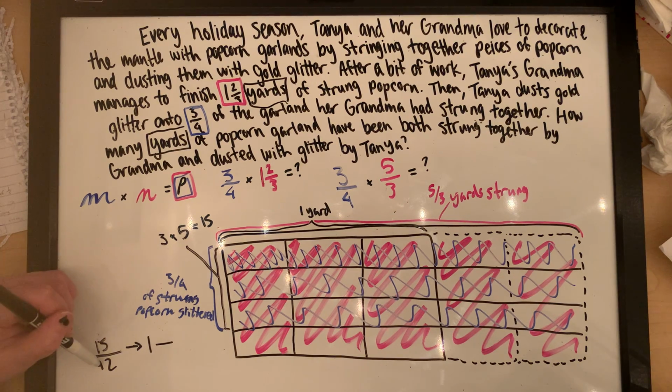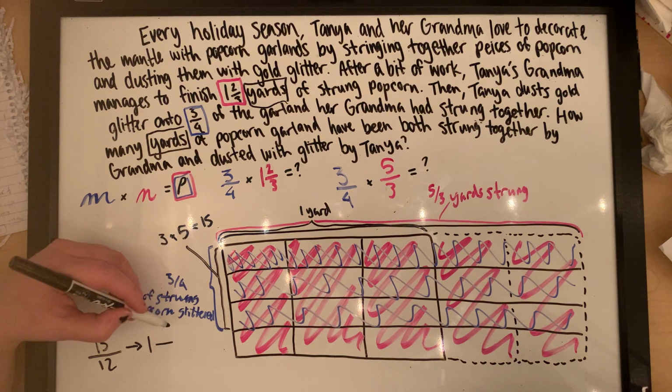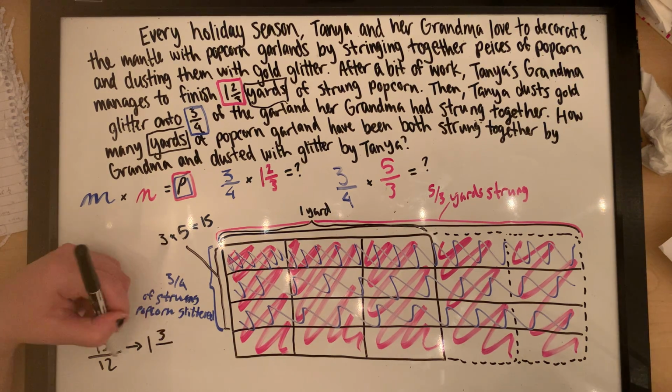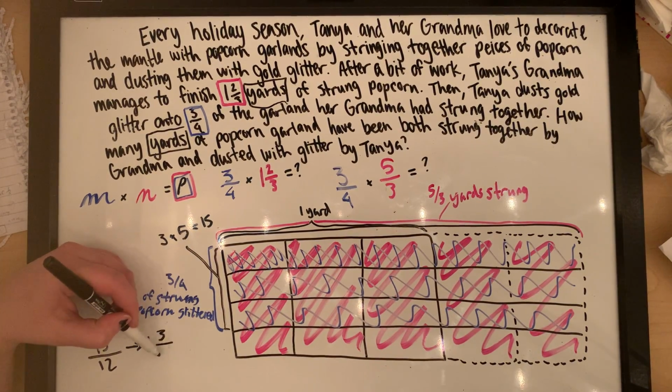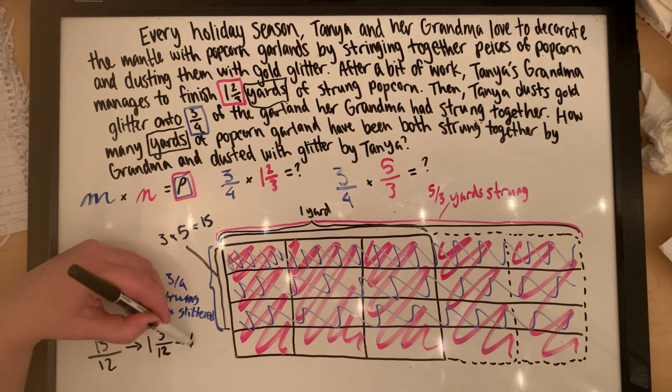So 12 goes into 15 one time, 12 times 1 equals 12. And then counting up from 12 to get to 15, we find we have a remainder of 3. And then step 3 is keeping our original denominator. So 3 12ths, which we can simplify down to 1 and 1/4.